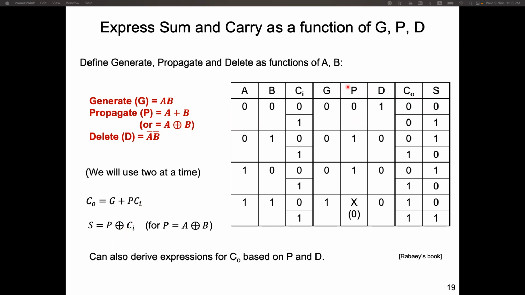So these G and P are intermediate signals. They are just functions of A and B. Then CO and S, carry out and sum output, are functions of G, P, and the carry input.